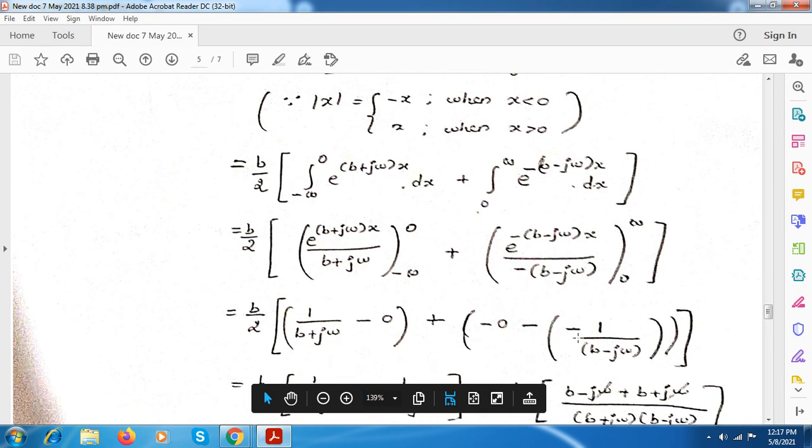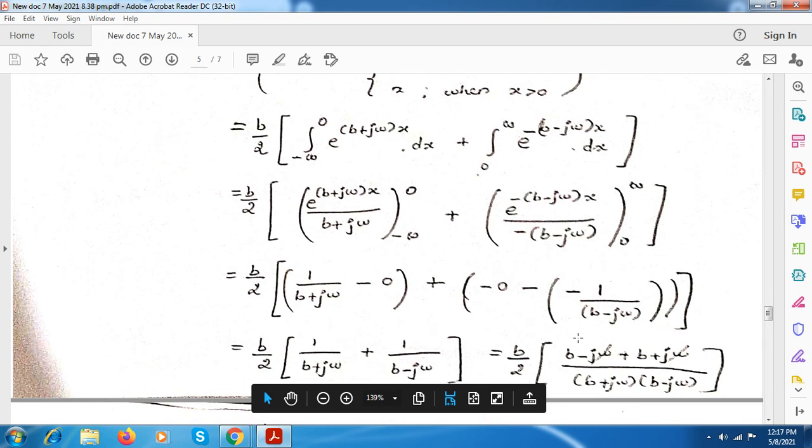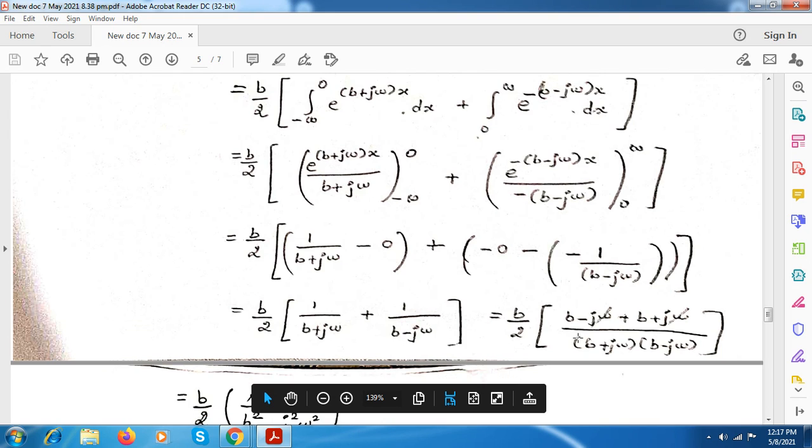After you substitute the upper and lower limits, you get this equation. So you have to take the LCM here and cancel the terms. J omega is minus j omega and plus j omega, you have to cancel.